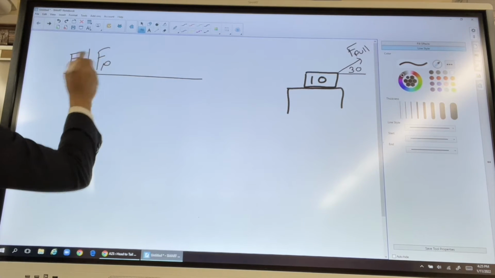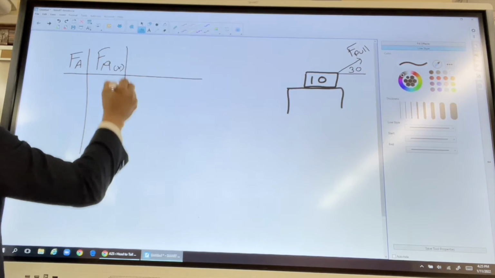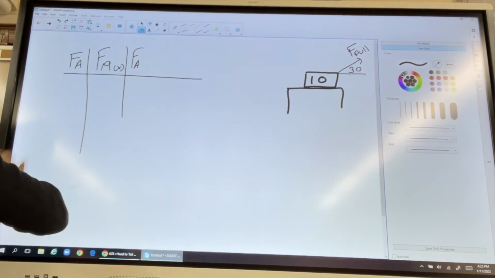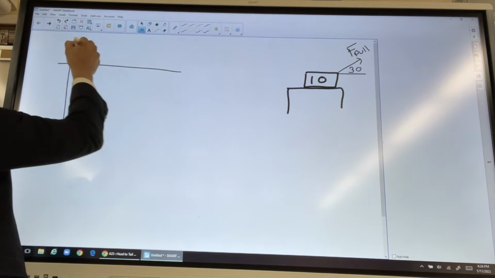All right, applied force in the x direction. So applied force in the y direction. This is what we call pulling force. So now we're gonna find exactly 7 things.